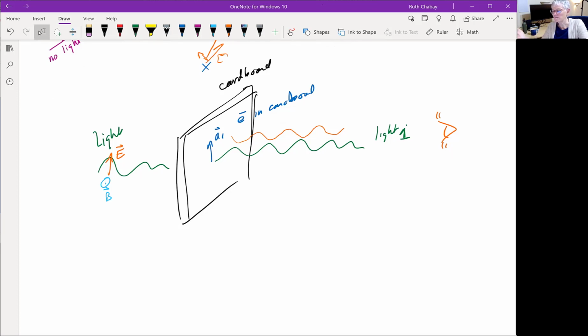You'd have to model your cardboard as a collection of, say, a tiny piece with 10 to the 23rd electrons, and go through that calculation, considering how thick it is, what the time delay is, getting from there to there, and when these things emit radiation. So it's just a messy calculation. But you can make that kind of prediction, and it does work out if you do it right.